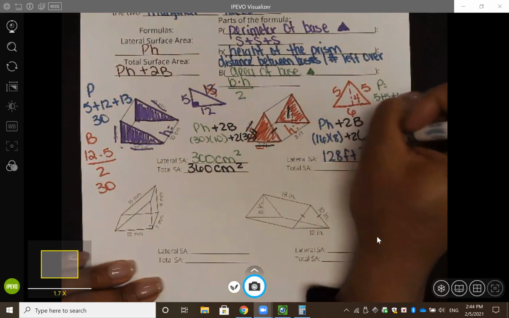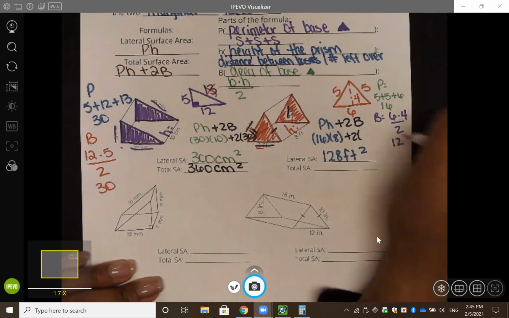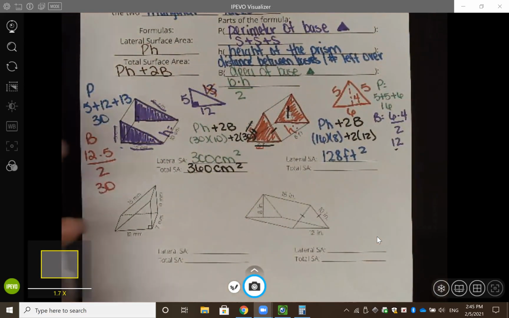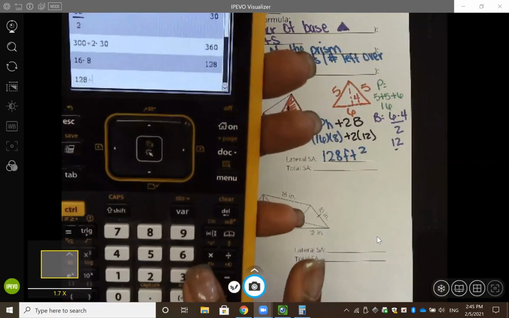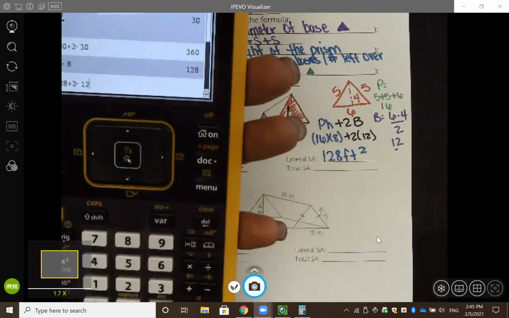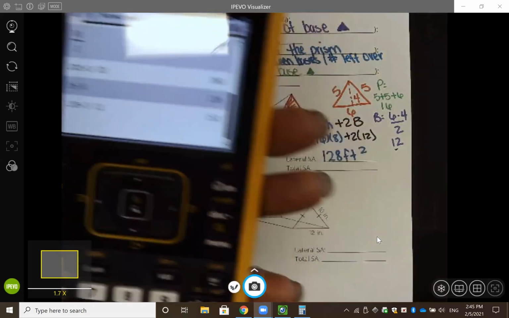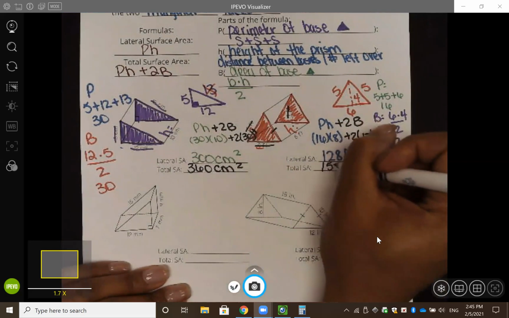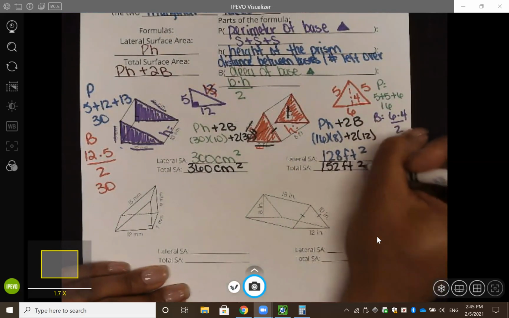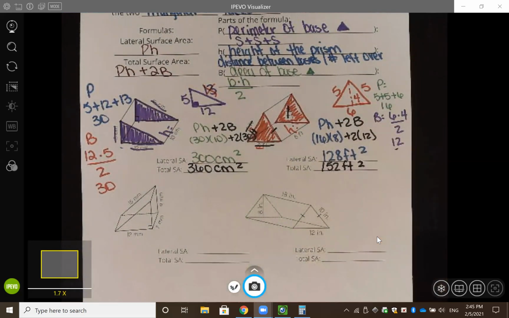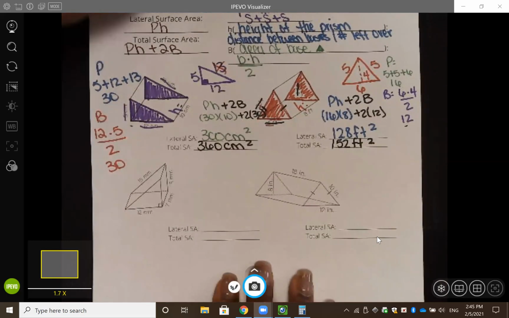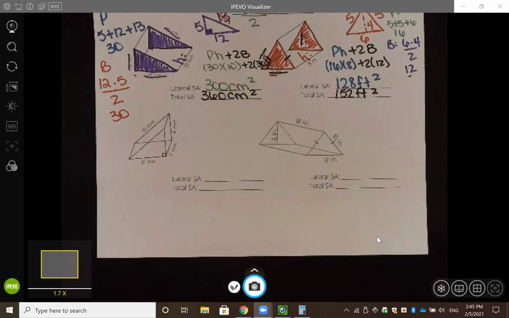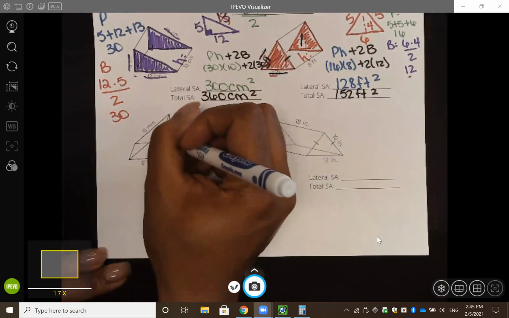So add 2, and my big B is 12. So I'm going to take that 128 and add 2 times 12, and I got 152. 152 feet squared. Again, I am going to shade in my bases.